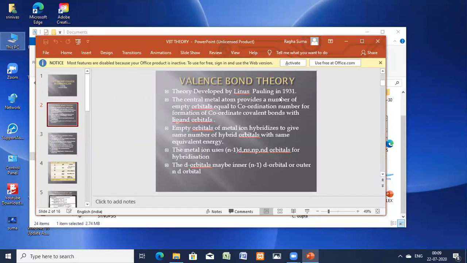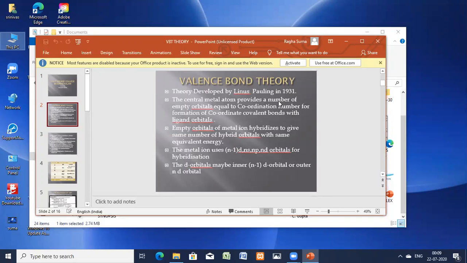Once again, the metal atom is considered to be in the ground state electronic configuration, that is the ground state of the atom. Now, as per the valency requirement, it loses electrons and forms the ionic state, which is the ground state of the ion.